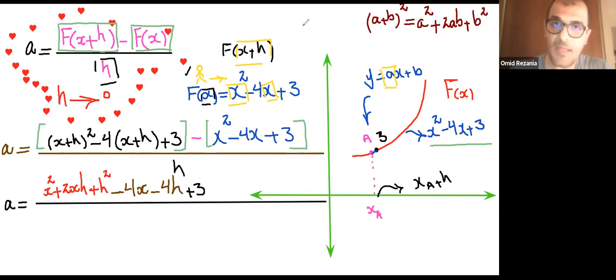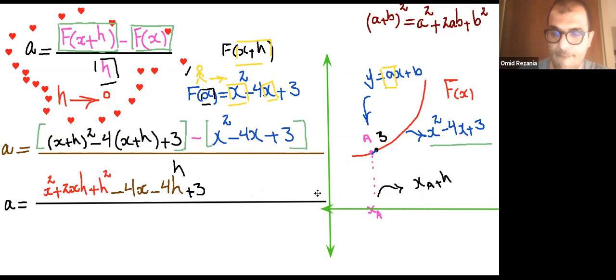Now, I'm going to continue with the right side expression. The right expression which I have is going to be this. I'm going to write it in blue. It's going to be minus x squared.